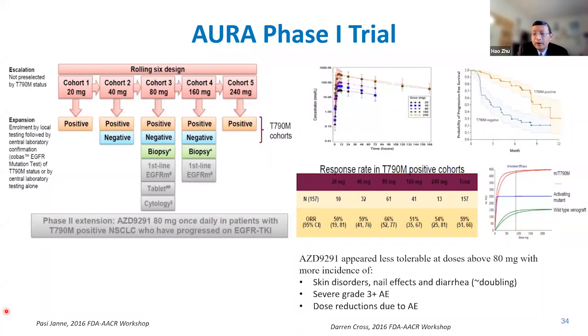Clearly, there is a good response in this patient population over a wide tested dose range. It is also noted that doses above 80 milligram are less tolerable due to increased incidence in skin disorders, nail effects, diarrhea, severe grade 3 AEs, and more frequent dose reduction.